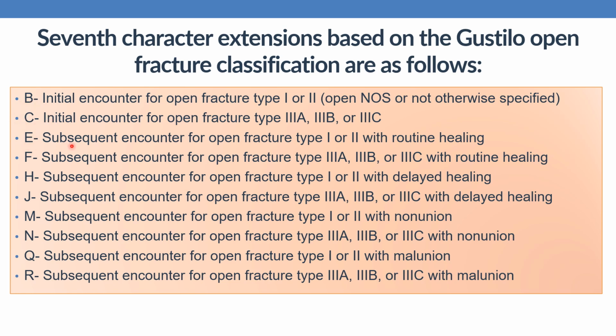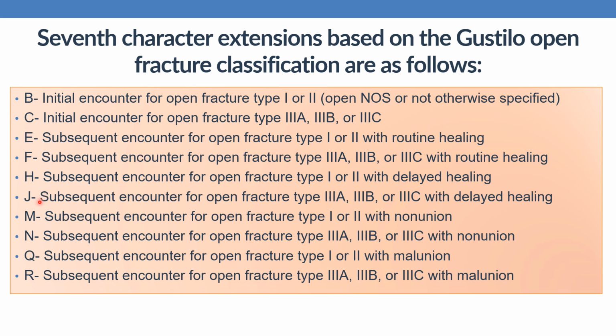E indicates subsequent encounter for open fractures type 1 or 2 with routine healing. 7th character F indicates subsequent encounter for open fractures type 3A, 3B or 3C with routine healing. 7th character H indicates subsequent encounter for open fractures type 1 or 2 with delayed healing.